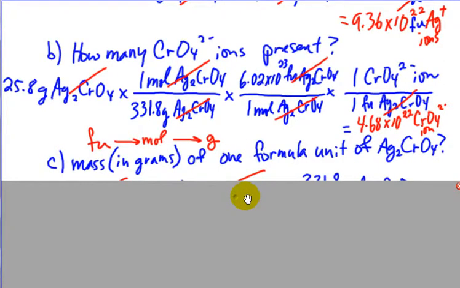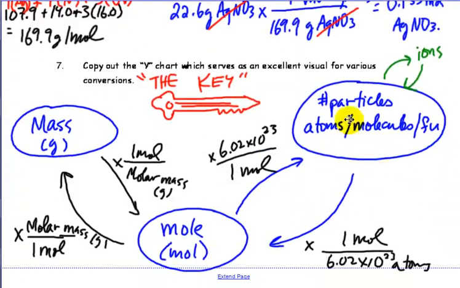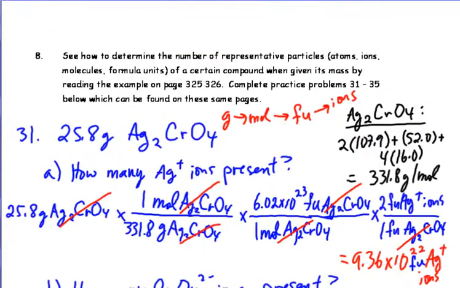And then here, look at C, what is the mass of one formula unit of Ag2CrO4? So formula units to moles to grams. You've got to find the path you're taking, then it's easy.